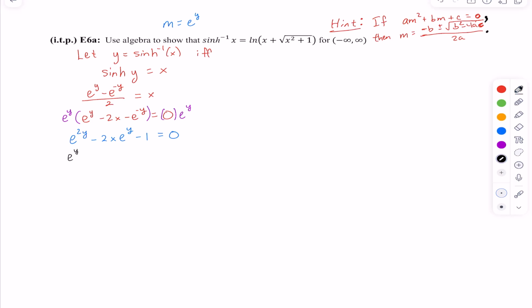E to the y is equal to the opposite of b plus or minus the square root of b squared minus 4 times a times c, all over 2 times a.